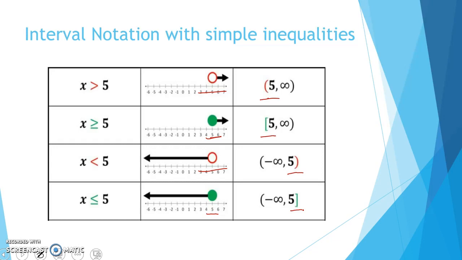And whenever we use the infinity symbol, either negative infinity or positive infinity, it's just going to be a parenthesis because it never really reaches infinity. So this goes from 5 to infinity, but doesn't include 5. This goes from 5 to infinity and includes 5. Here we go from negative infinity to 5, doesn't include 5. Here we go from negative infinity to 5, and it includes 5.